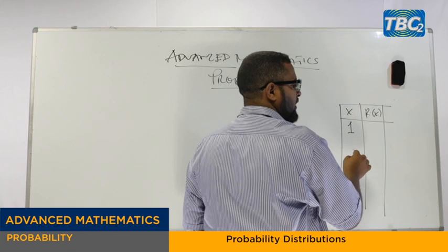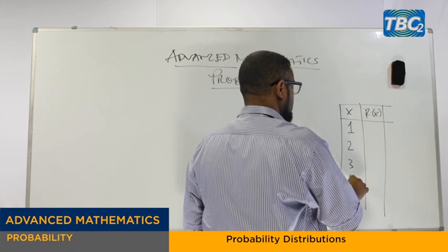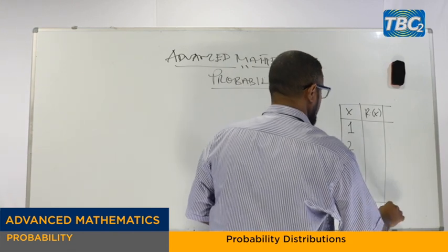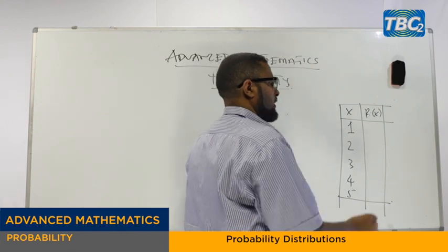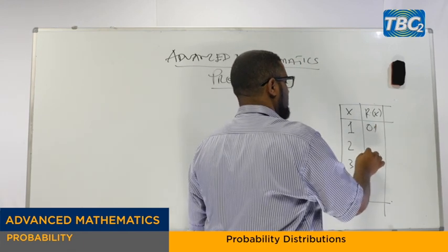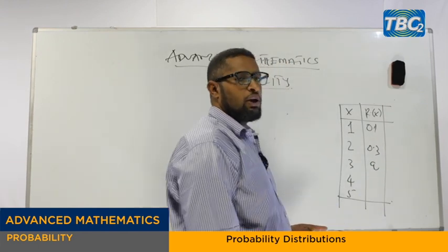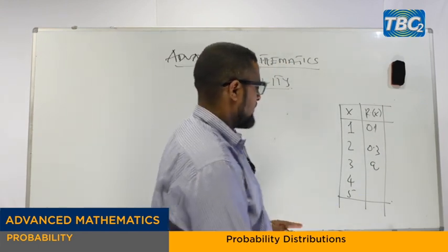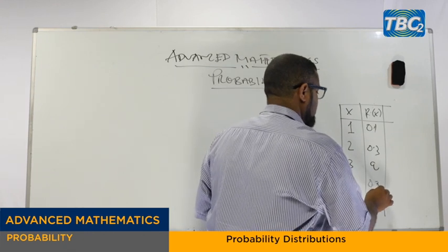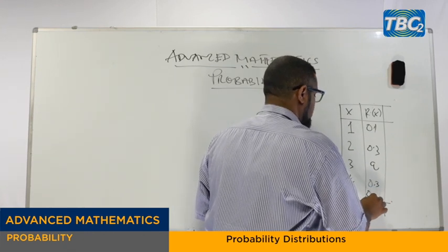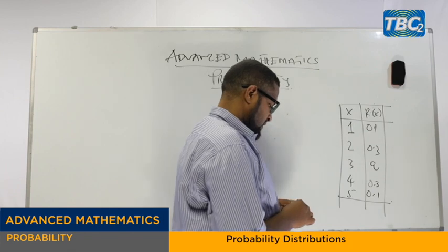The variable are given numbers of 1, 2, 3, 4, and 5, with probabilities 0.1, 0.3. We are given also q, which is unknown, that we are supposed to find, then 0.3 and 0.1.